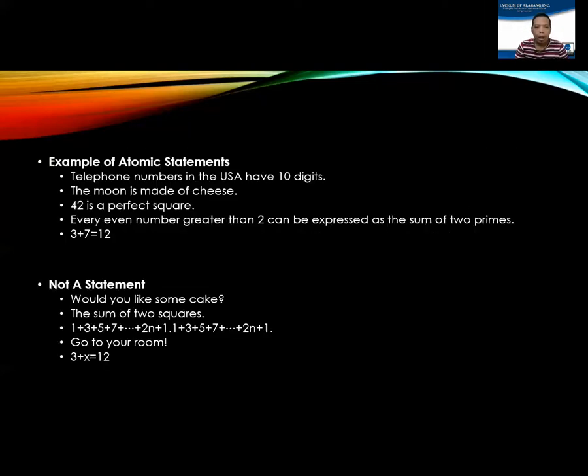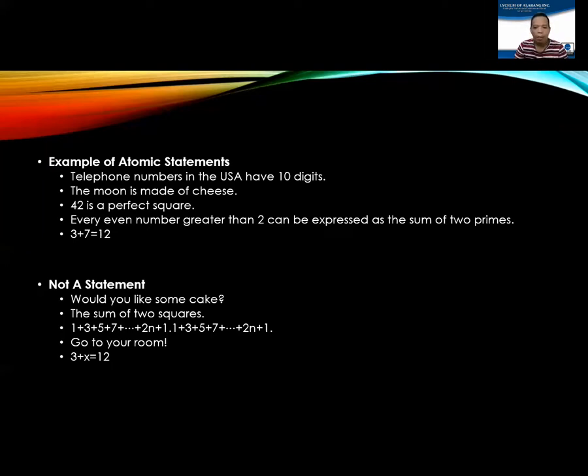So here are some examples of mathematical statements. We have here the first example of atomic statements. Telephone numbers in the USA have 10 digits. This statement is simple and can be answered either true or false. If you are not familiar with the composition of telephone numbers, you might end up guessing. Some might say yes, it is true.